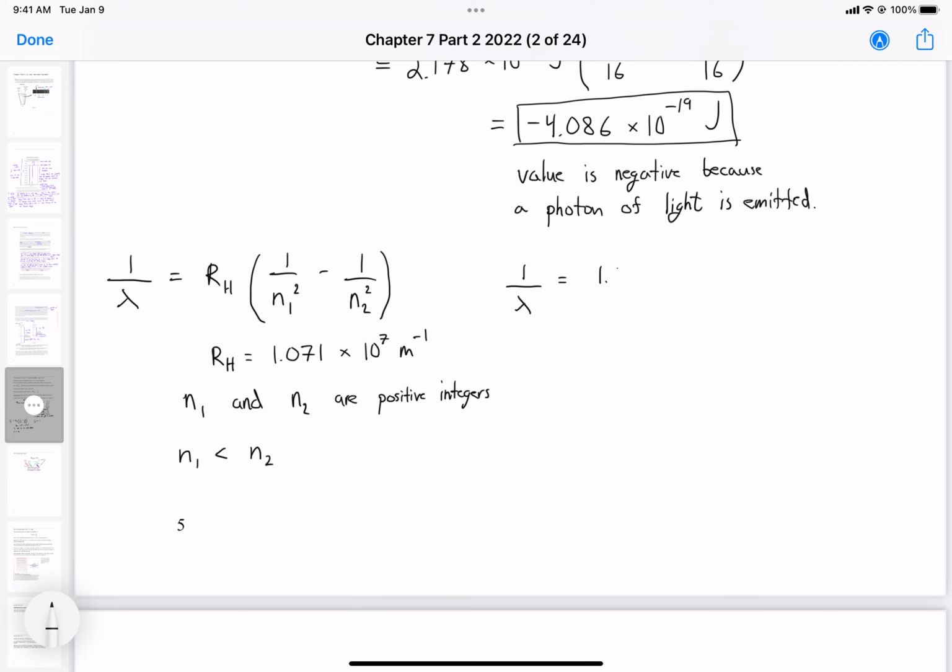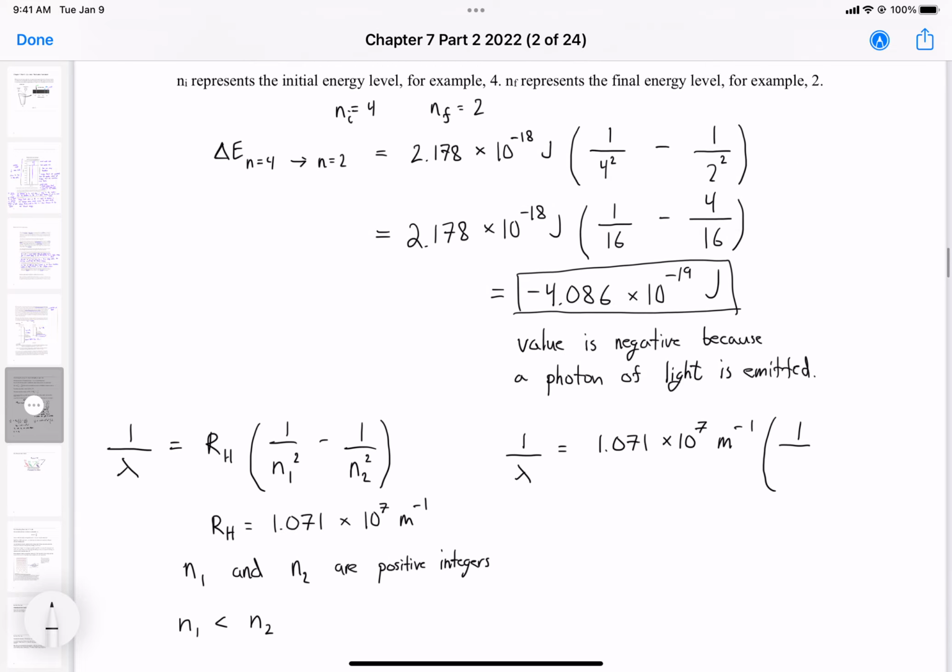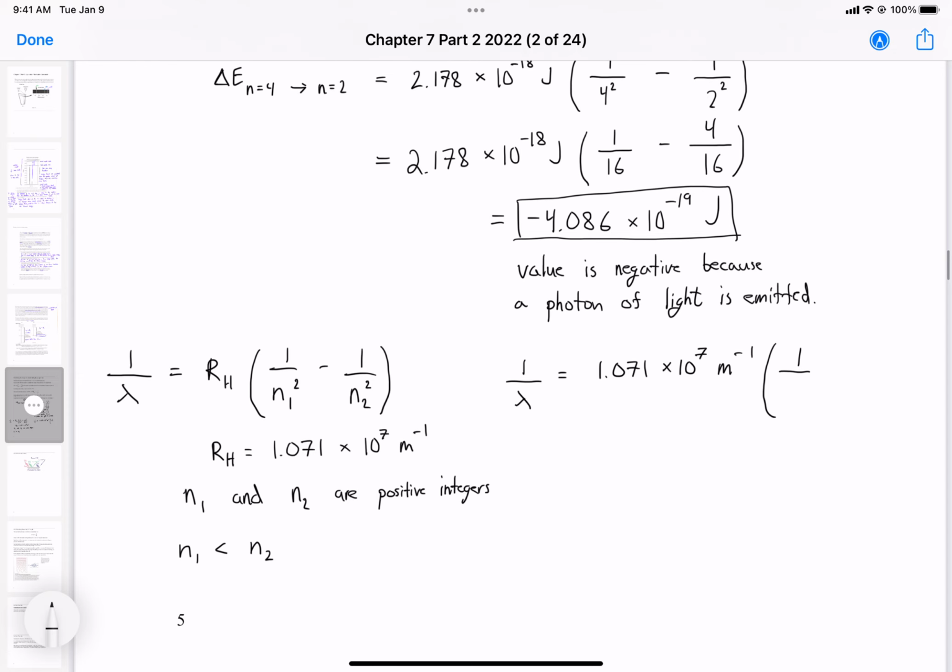All right, so in this example, we can say 1 over wavelength equals 1.071 times 10 to the 7th inverse meters, multiplied by 1 over N1 squared minus 1 over N2 squared.